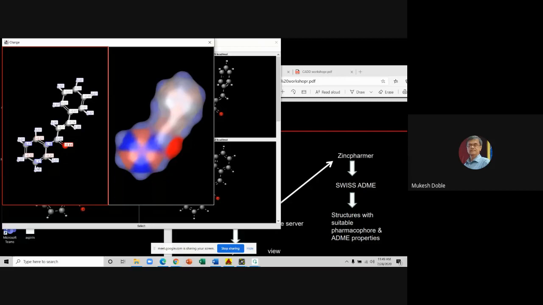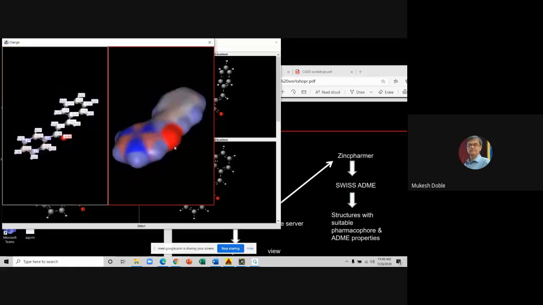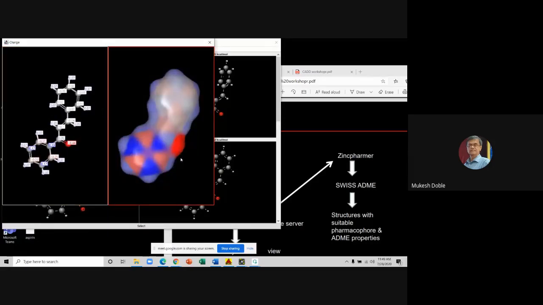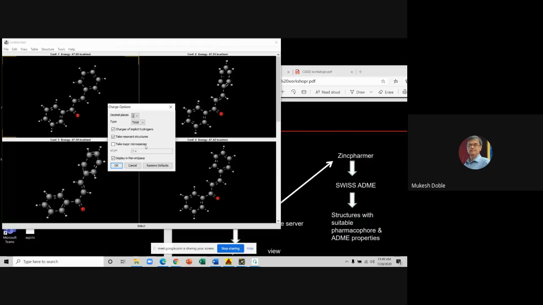As you can see in this aromatic group, which is closer to your oxygen. So here, if you see, the red color is negative and the blue color is positive. Some negatives are coming here because of this particular oxygen, whereas here there is not much. So it can calculate charge distribution also if you are interested in electrostatic calculations.